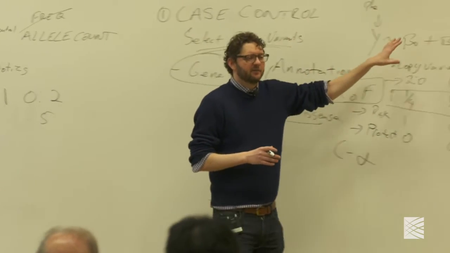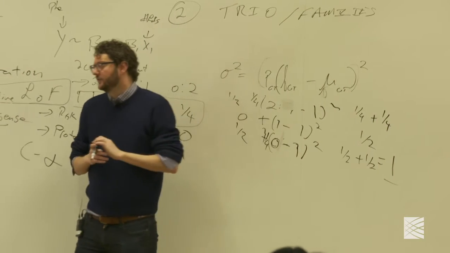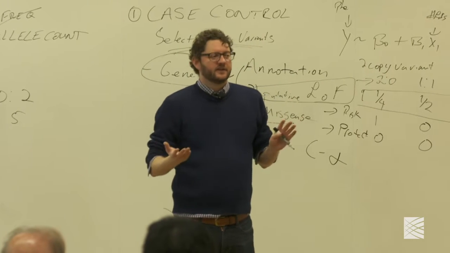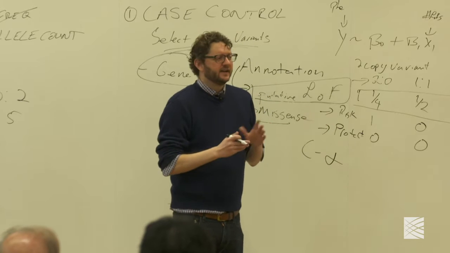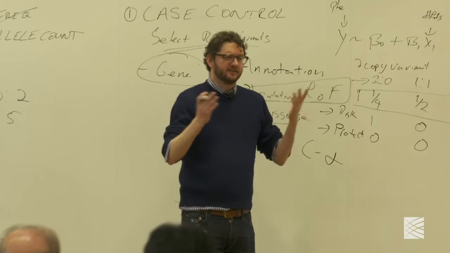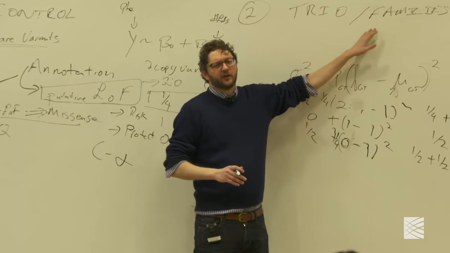In the trio and family setting, we actually have some very different considerations. Now, one set of considerations is very simply the kinds of linkage analyses that really dominated genetics in the 80s and 90s and led to the mapping of a whole bunch of genes, including Huntington's and cystic fibrosis. That's a lot of how we think about rare variant analysis in larger families.